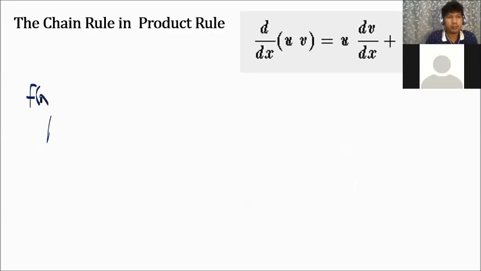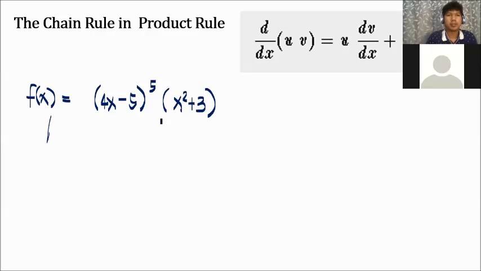Let us have given f of x is equal to 4x minus 5 raised to 5 multiplied by x squared plus 3. We can treat this as u multiplied by v. So this is our u and this is our v.